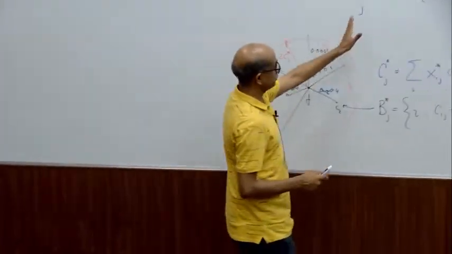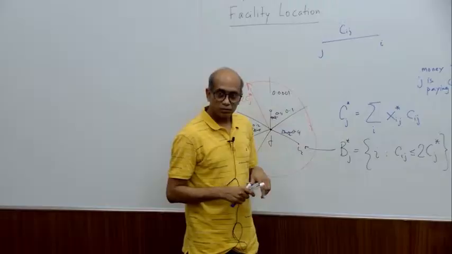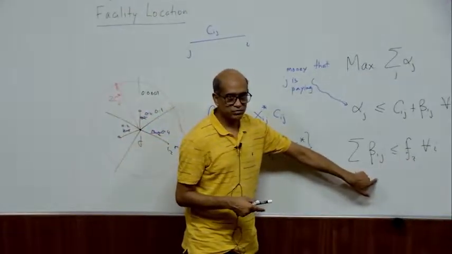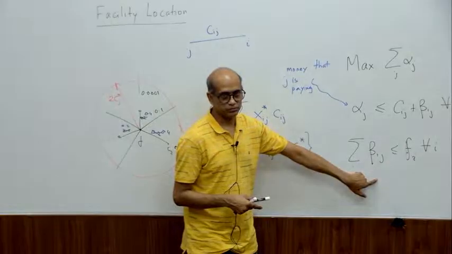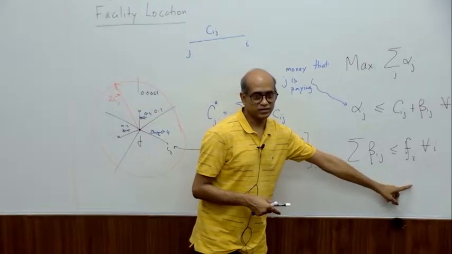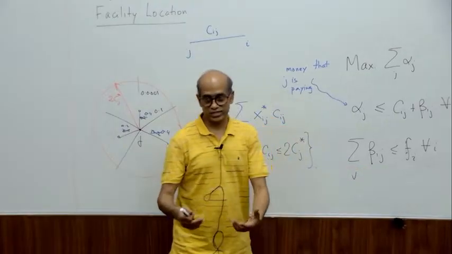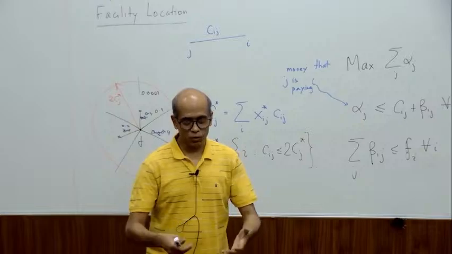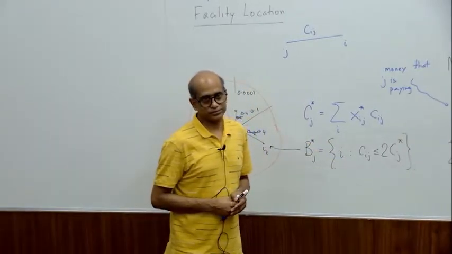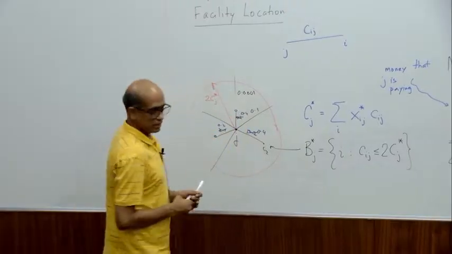I am paying for my own travel cost, plus I am putting some extra money here for the facility that I am going to. But that extra money should not exceed the actual cost of the facility. And the question is, how much can I charge everyone? The more I charge, the better lower bound I get.